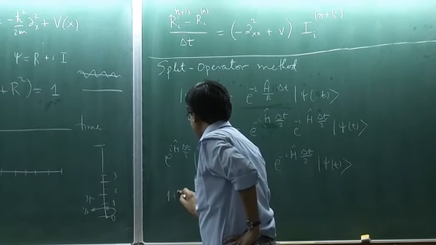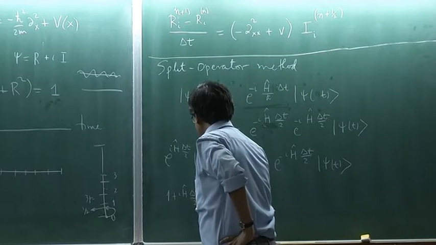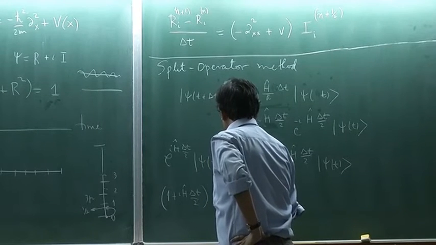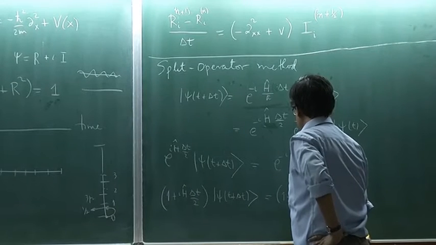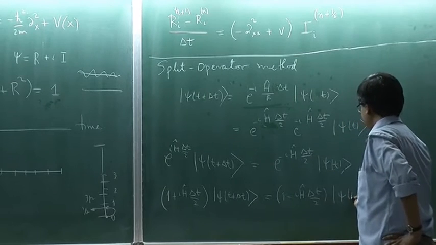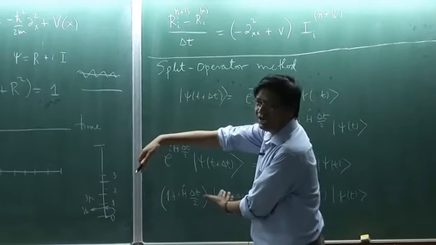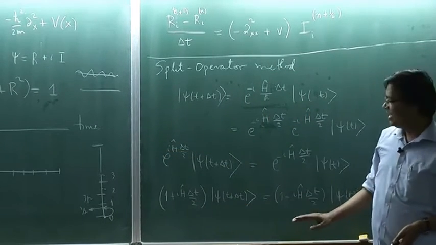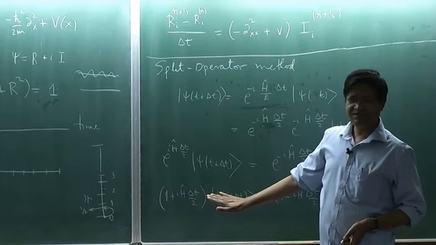So we write this, keeping only first order in H delta t by 2, equal to 1 minus i H delta t by 2. Again, by taking the conjugate and multiplying, you can show that this will preserve mod psi square up to order delta t. Shall I leave this as an exercise?